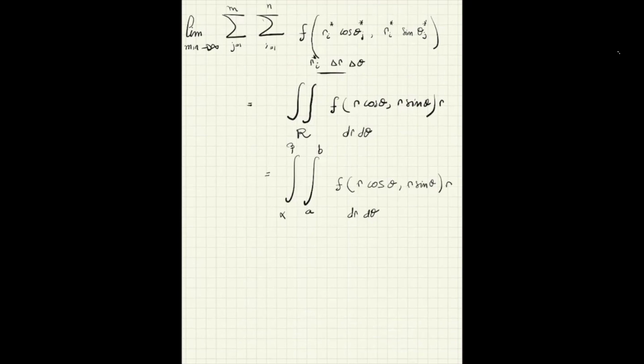Example: evaluate the integral of 3x plus 4y squared dA, where, to save some time, I'm just going to give you the description of the region.